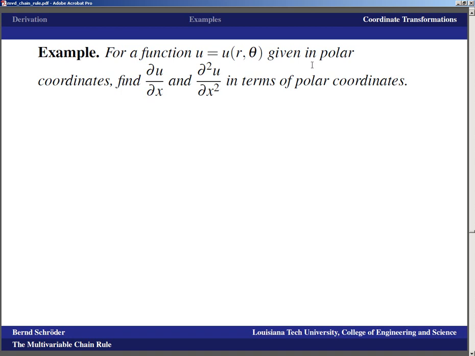Physics is physics, and sometimes physics has to be expressed in polar coordinates, and then we may also want to solve these partial differential equations in polar coordinates. And we can only do that if the partial differential equation itself is stated in terms of polar coordinates. And that means we need a way to turn partial derivatives with respect to rectangular coordinates into expressions that involve partial derivatives with respect to the polar coordinates r and theta.